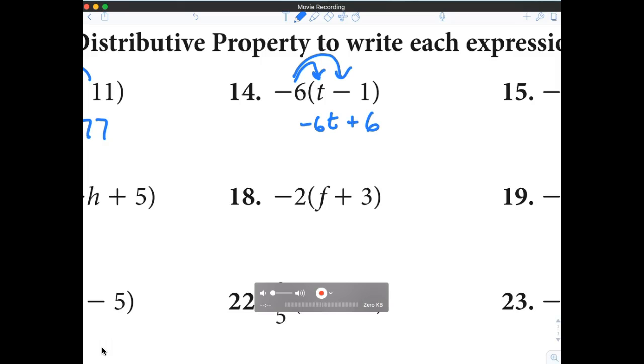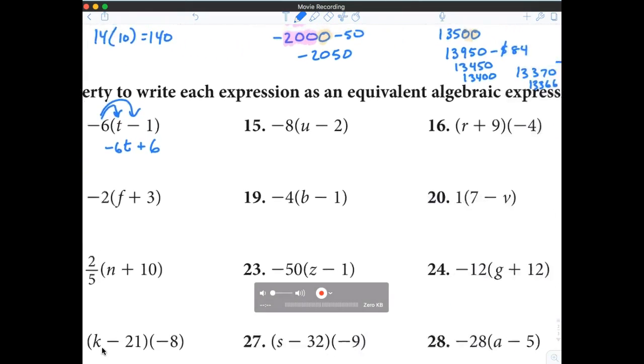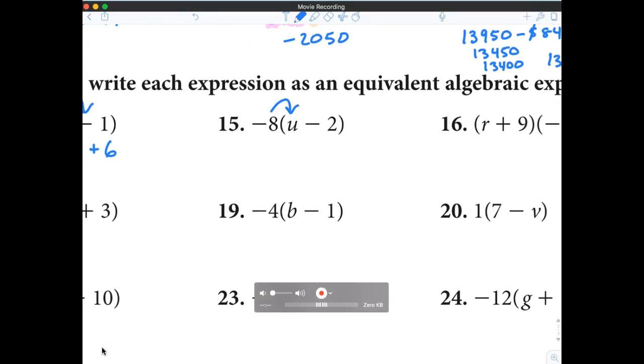Positive 6. All right? Moving over. Negative 8 times u. Negative 8u. And then negative 8 times negative 2. Oh wait, positive 16. Positive 16.